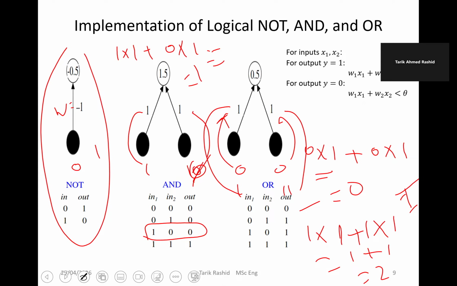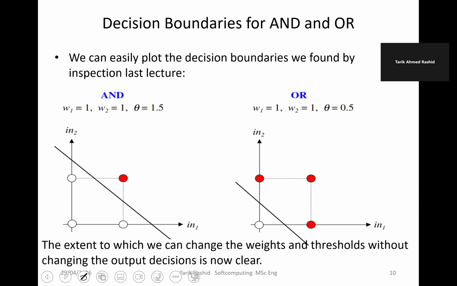The result is 1. Is 1 greater than 0.5? No. Then the output is 0. So the output is 0. You can see for the AND gate, we have three zeros as results and one 1.